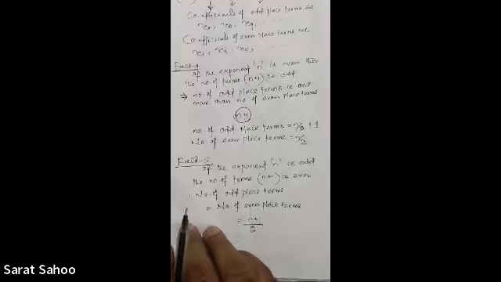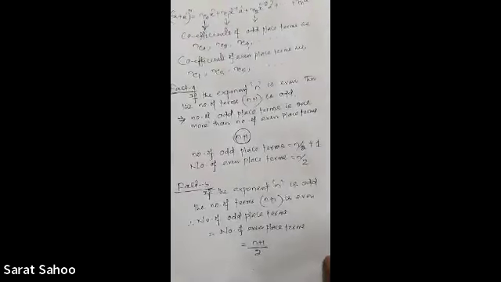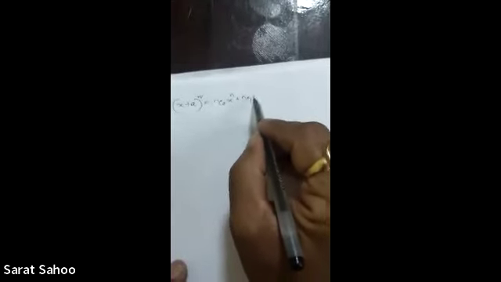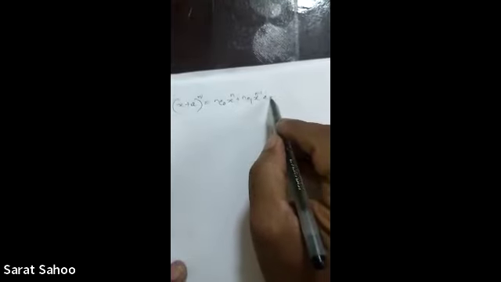Okay, let's move forward. So (x + a) raised to the power n equals nC0 x to the power n plus nC1 x to the power n minus 1 a to the power 1, nC2 x to the power n minus 2 a to the power 2, plus up to nCr x to the power n minus r a to the power r, plus up to nCn a to the power n.